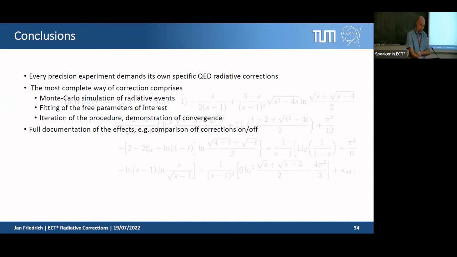You should normally then, or in the best of all worlds, iterate the whole procedure to implement your adapted cross-section and demonstrate that this really then describes your data fully and not interpret any deviation.